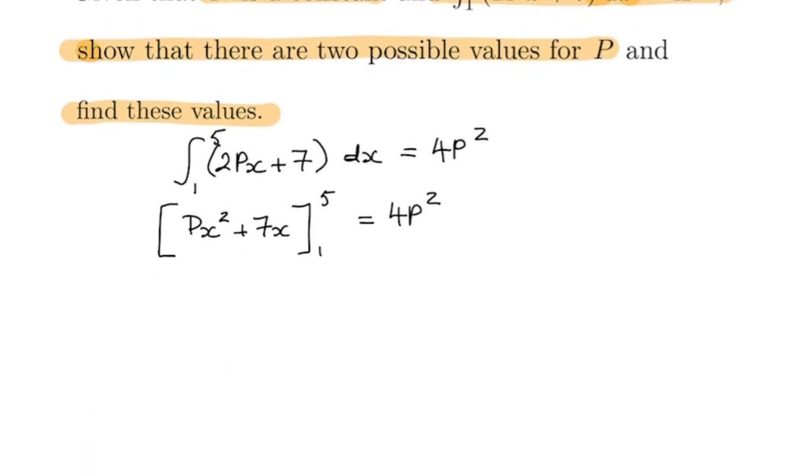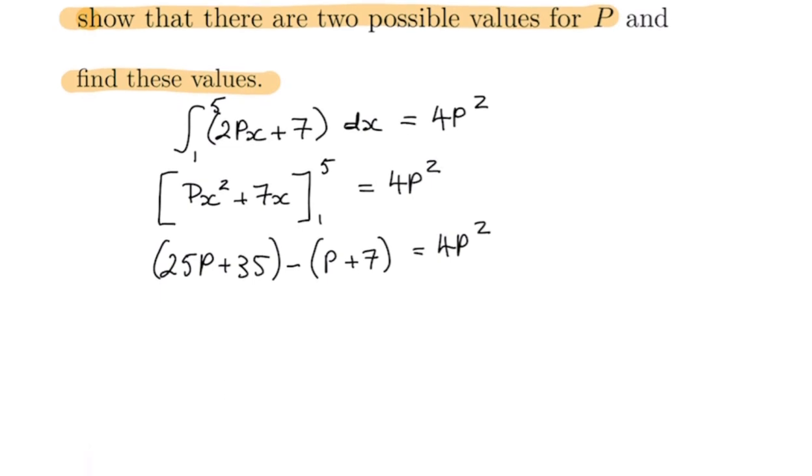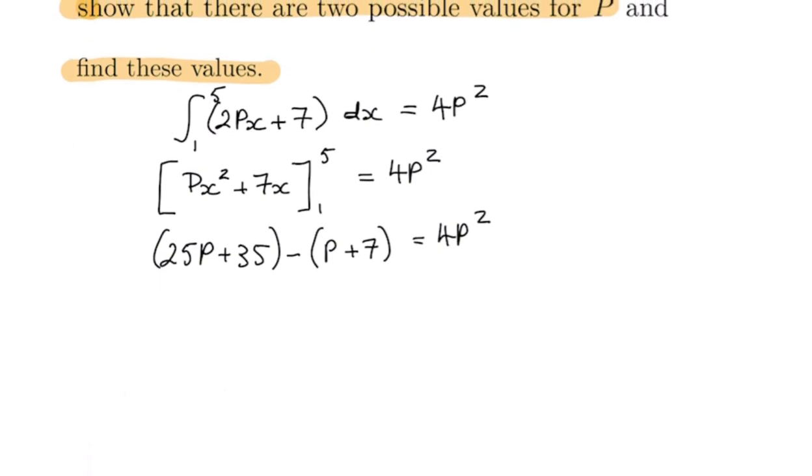Top limit goes in, so 5 squared is 25, so we get 25p plus 35. That's what I get when I put my top limit in. And then I'm putting my bottom limit in, so that's going to be p plus 7, and we know that equals 4p squared. Let's just sort that out.